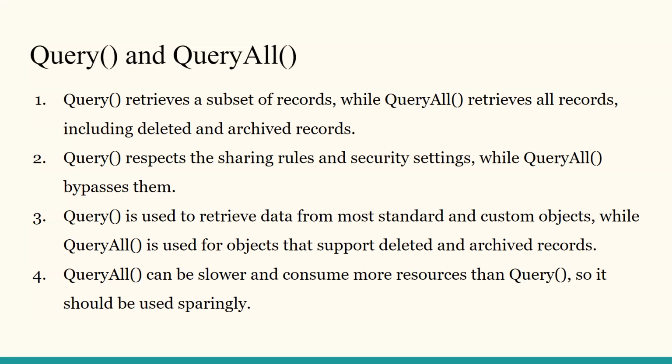It bypasses the sharing rules and security settings and returns all records, including those that the user does not have access to. QueryAll is used to retrieve data from objects like account history, case history, and task priority when you need to retrieve deleted records.